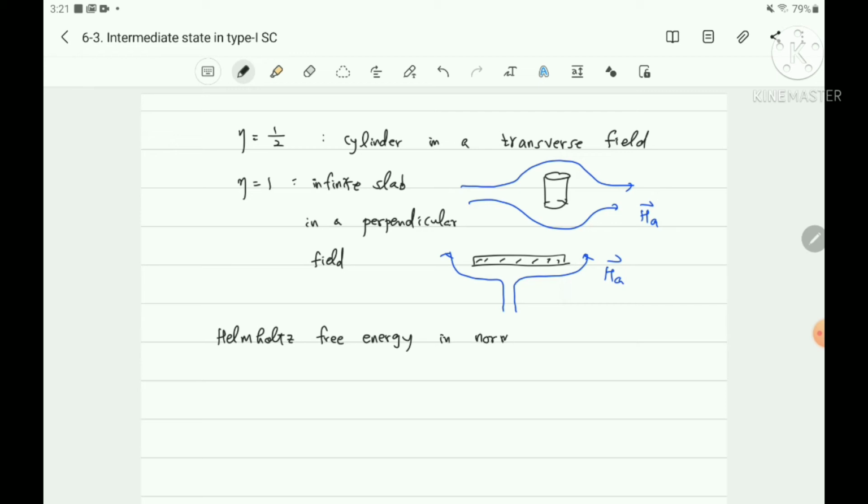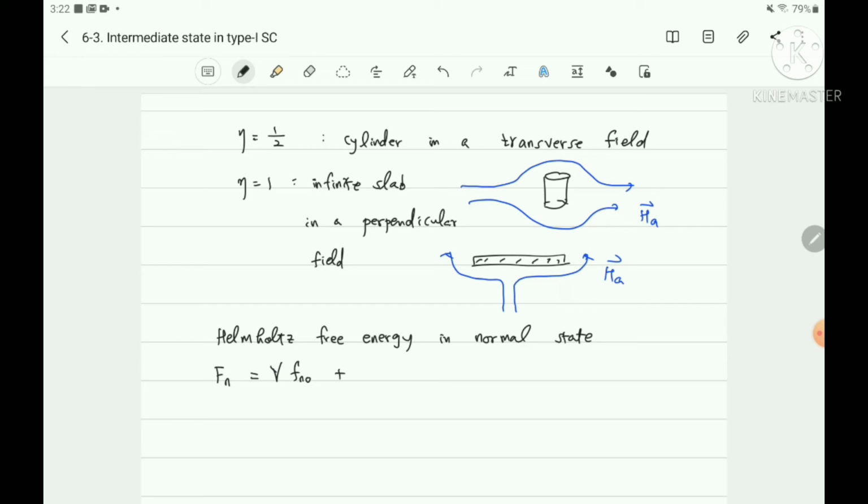In the normal state, the Helmholtz free energy is this, where Fn0 is the free energy density in the normal state in the absence of magnetic field. Small f means the free energy density, and the real free energy should multiply by the volume.